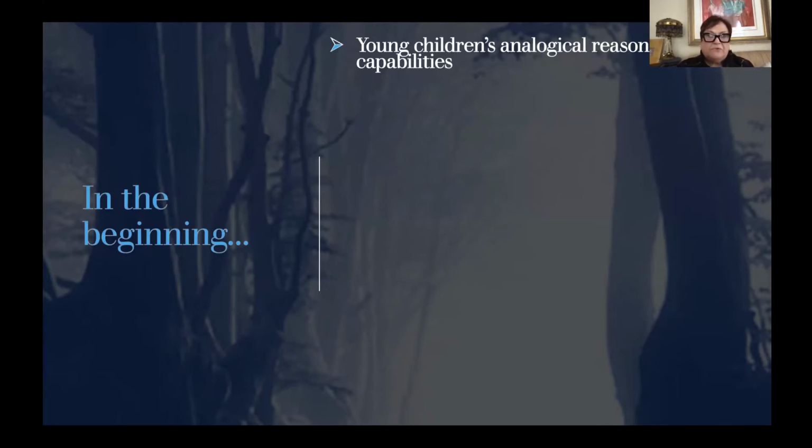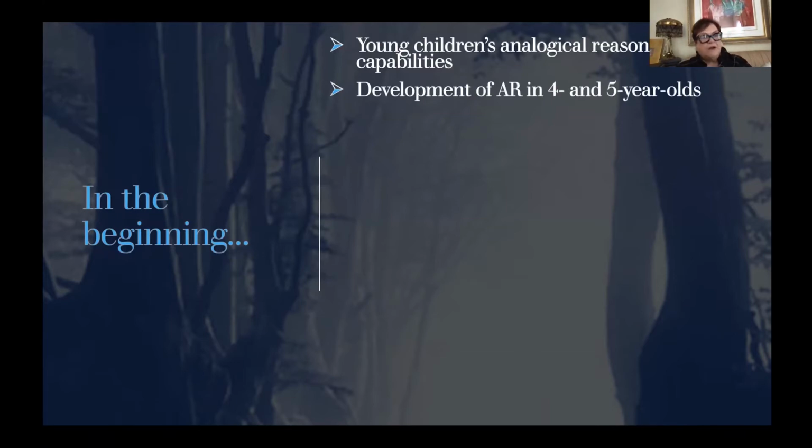Should they be able to, given their cognitive level of development? I spent a lot of early time testing out that notion, and around that, also developing ways to watch how that changes over the course of time as a result of a number of factors, not the least of which is increased knowledge, increased opportunities to use the thinking and language of analogical reasoning.